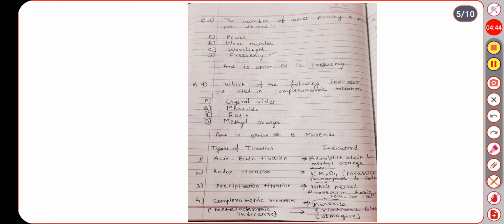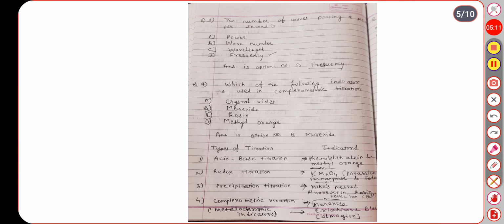Now we know that the types of titration: first is the acid base titration, second redox titration, third precipitation titration, and fourth is the complexometric titration. The indicators used in acid base titrations are phenolphthalein and methyl orange. In redox titration, indicators used are potassium permanganate and iodine.